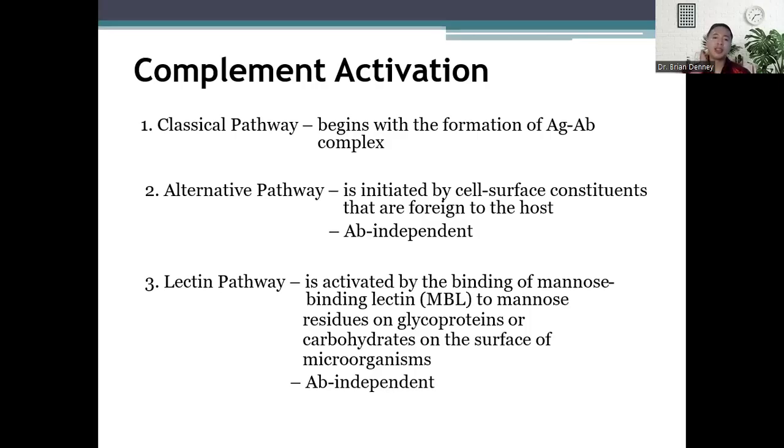Your alternative pathway is initiated by cell surface molecules and does not need formation of antigen-antibody complexes. Thus, it is antibody independent. Your lectin pathway, on the other hand, only needs activation of your MBL, which binds to the mannose on the surface of your microorganisms, and does not need formation of antigen-antibody complex. Thus, this is also considered antibody independent.